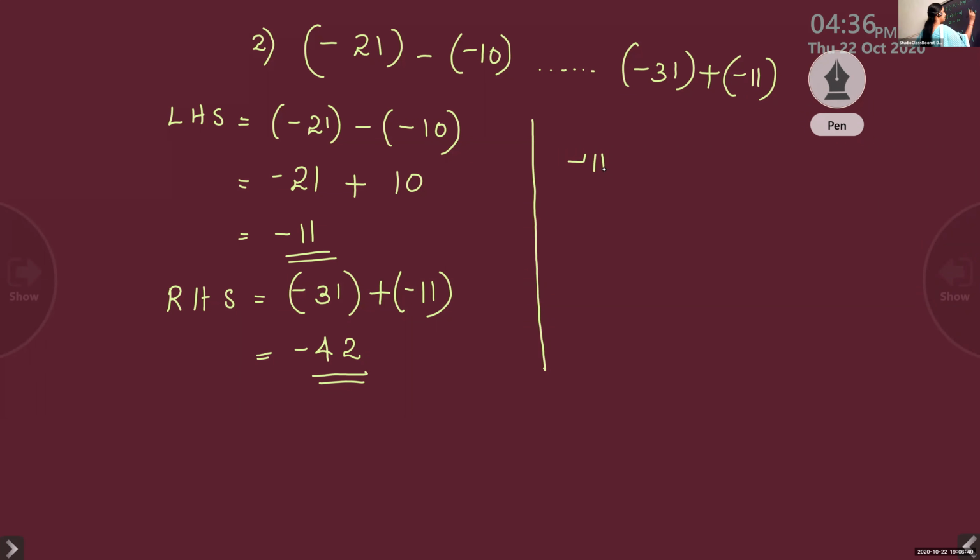Negative 11 and negative 42. This negative 11 is bigger, right? Yes, ma'am. Here you have to look at the value. Clear? Here you are comparing. So you have to look at the value. Negative 11 is greater. That means you got negative 11 this side, the left side. So that is our answer.